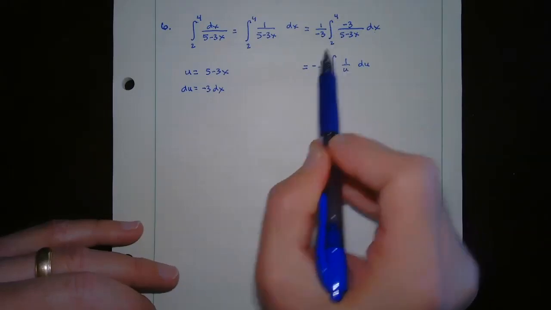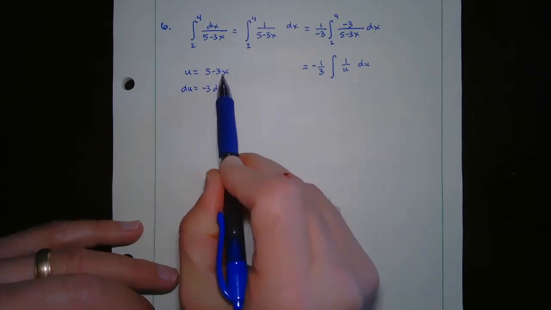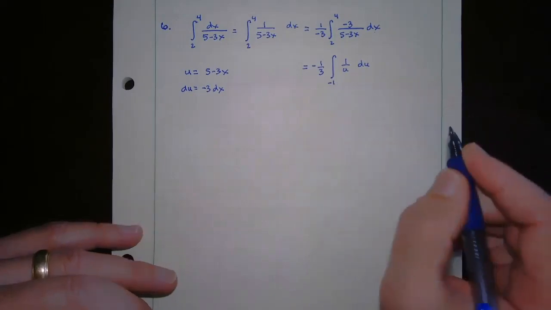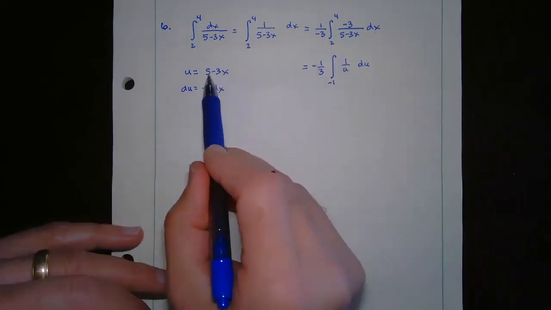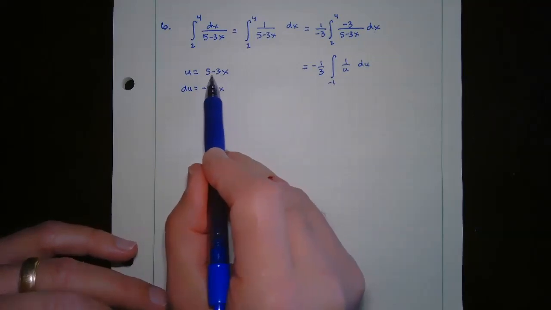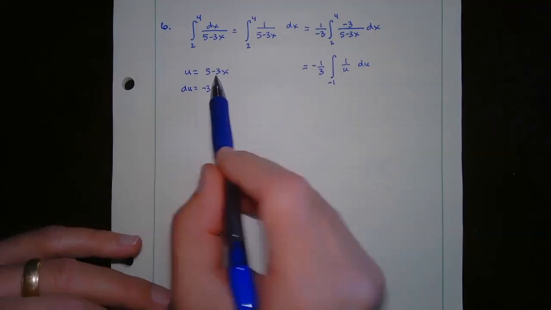Right now they're x, right? So we have 5 minus 3 times 2, that'd be 5 minus 6, so that'd be negative 1. And then we put in 4, right? So 5 minus 3 times 4, that'd be 5 minus 12, which would be negative 7.